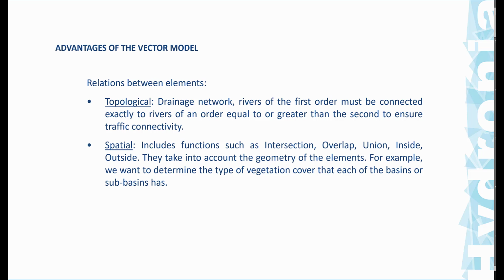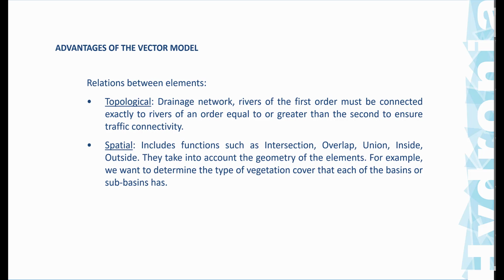The vector format allows establishing relationships between the elements of the same layer and also between elements of different layers. So you do not necessarily need to restrict yourself to relationships on one layer, but you can make connections, relationships and even calculations between values or objects of different layers.